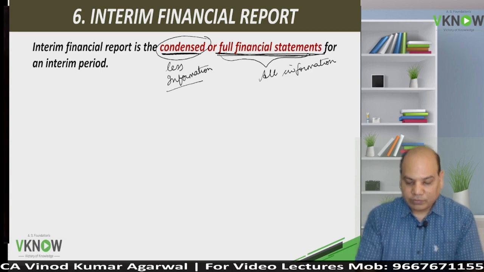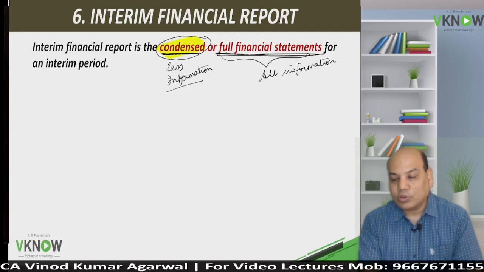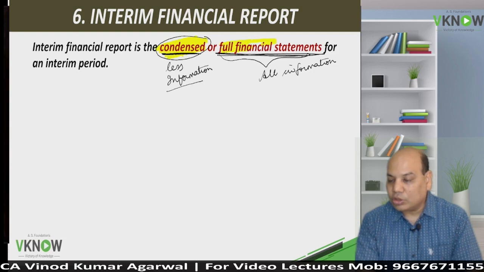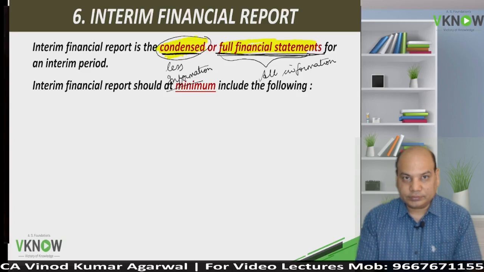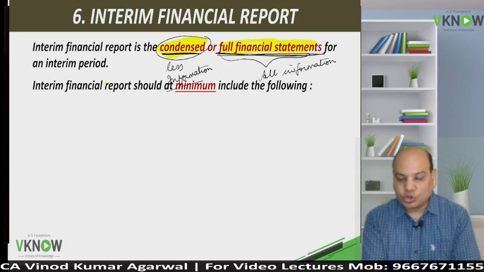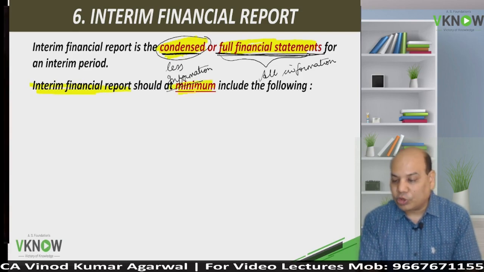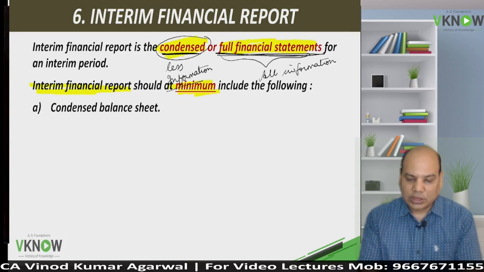Keep in mind, the entities have two choices. Either they can follow condensed interim financial statement, or they can follow full financial statement, but they must ensure that the interim financial report contains the following minimum. This is the minimum requirement. More than that is welcome.